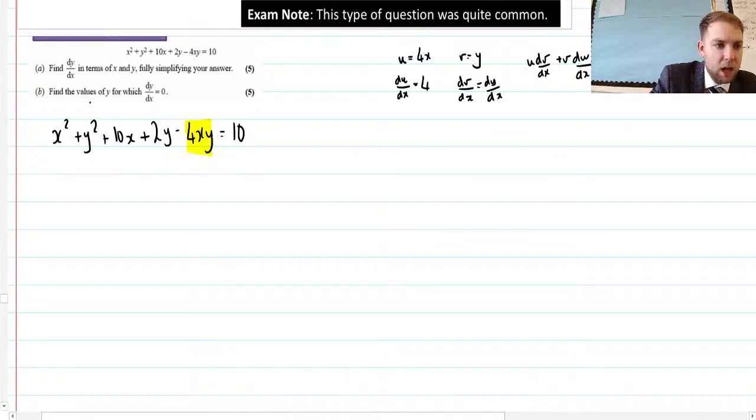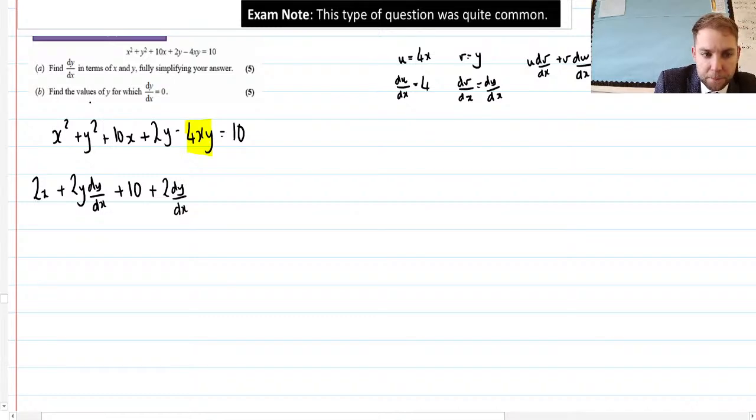Okay, so let's go through and differentiate all of these then. Differentiate x squared is going to be 2x. Differentiate y squared, you need to differentiate the 2 and then differentiate inside that and multiply by it. So plus 2y dy by dx, plus 10x differentiated is just 10. Plus differentiate 2y, that's going to be 2 dy by dx.